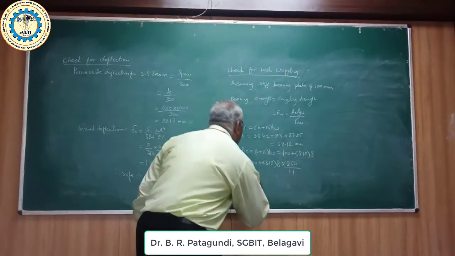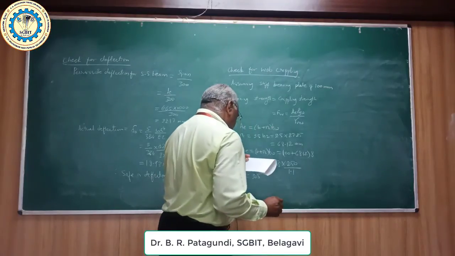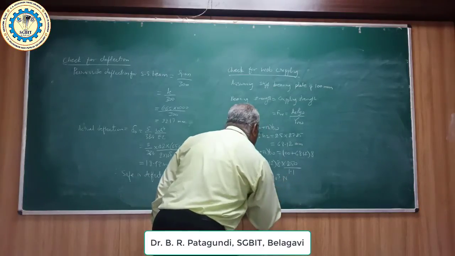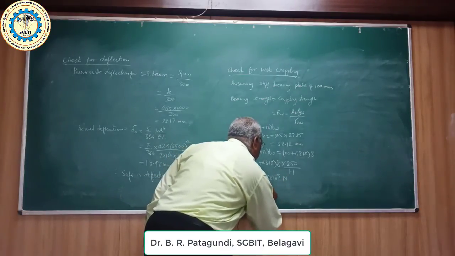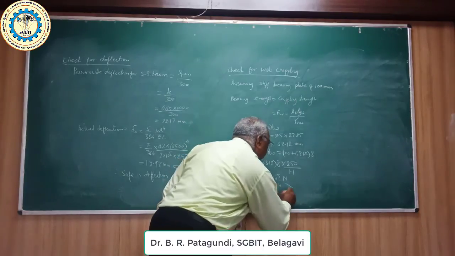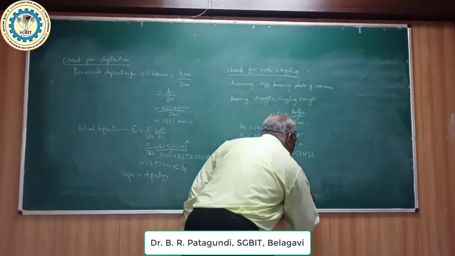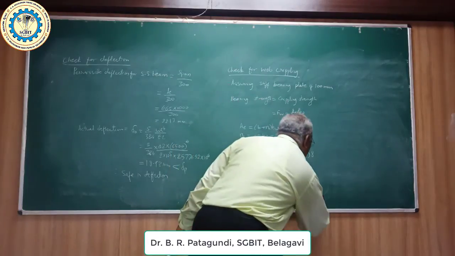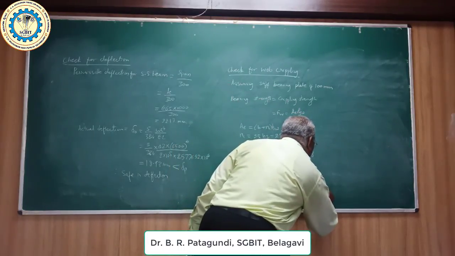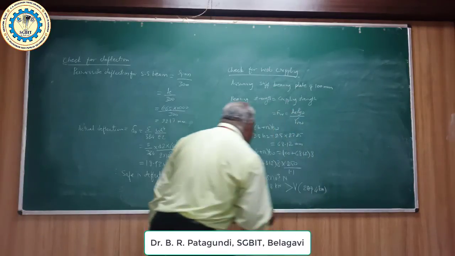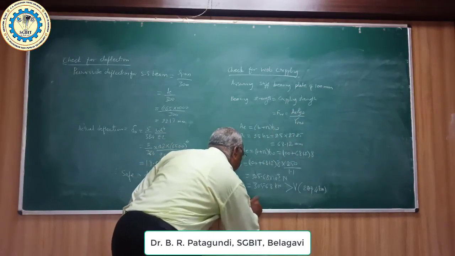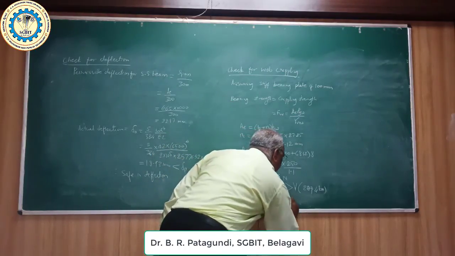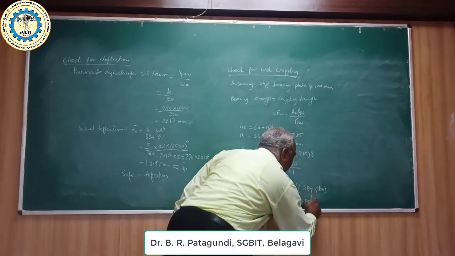So this is equal to 305.68 into 10 power 3 newtons, or 305.68 kilonewton, which is more than V, that is 209.4 kilonewton. Hence, safe against web crippling. Safe against web crippling.